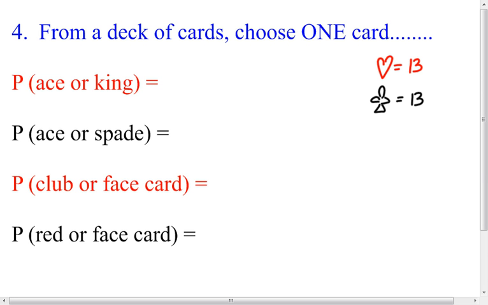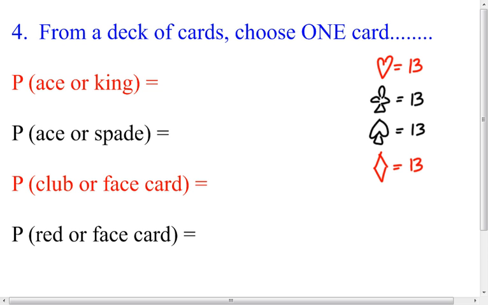There are 13 spades. These are spades that are black. And there are 13 diamonds that are red. Okay. And then you know that they go ace, 2, 3, 4, 5, 6, 7, 8, 9, 10, jack, queen, king within each suit. Hopefully you know that.